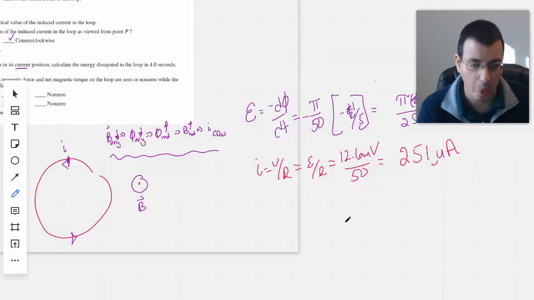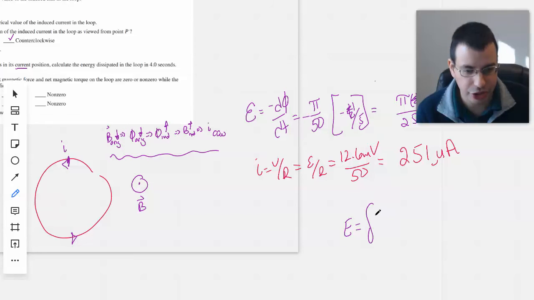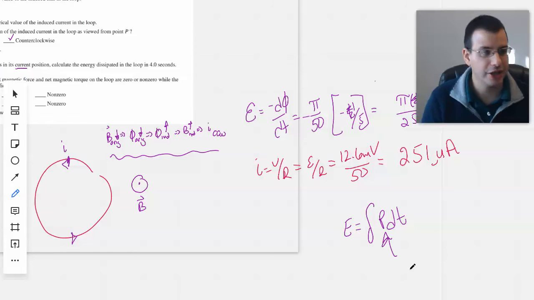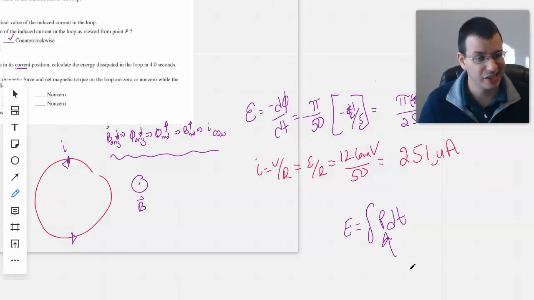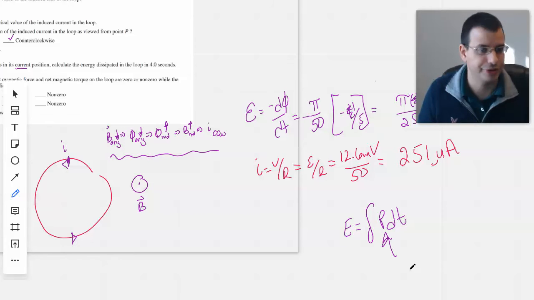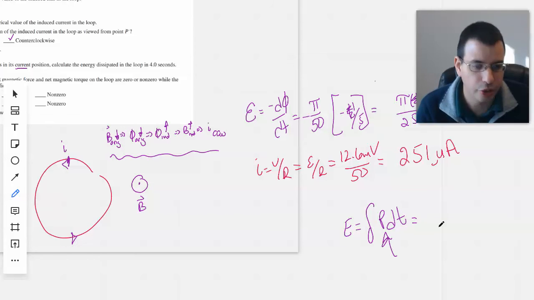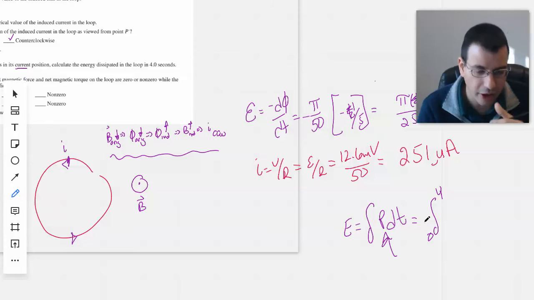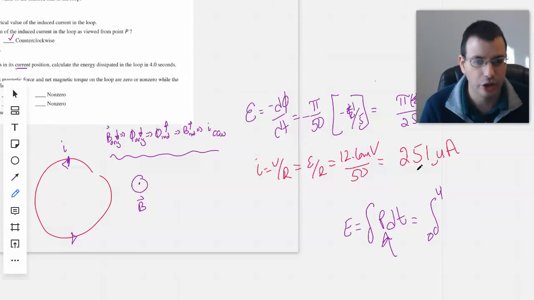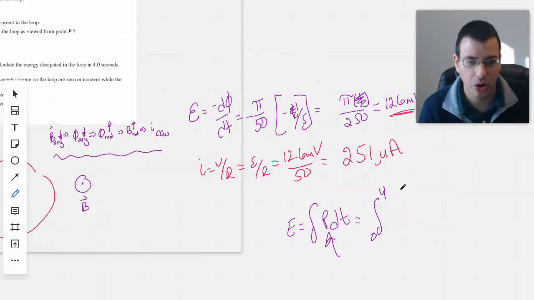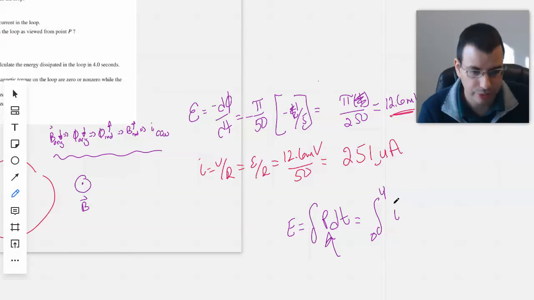So energy equals integral P dt, where this is power. One way you can think of that is power is joules per second. I think it's measured in watts. Joules per second. So when you integrate with respect to time, you just get joules. So we're going to integrate from 0 to 4 of the power, which would be I squared r.